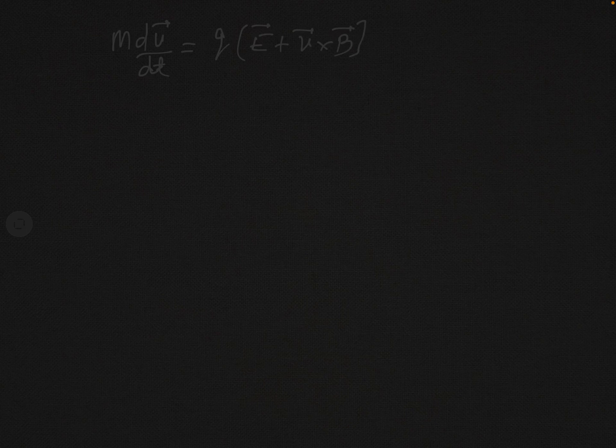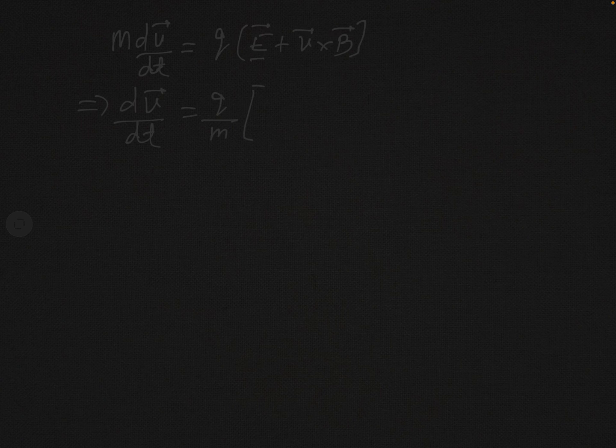Now write the expression for the acceleration of the particle, that is dv by dt. This will be simply q over m. Now express all the vectors inside this square bracket in terms of their rectangular components.